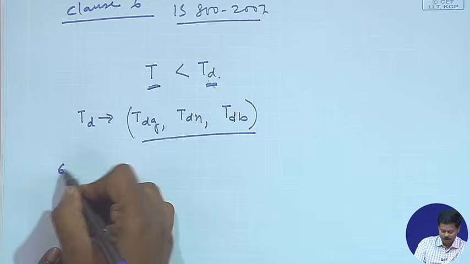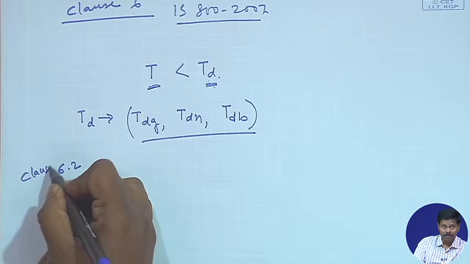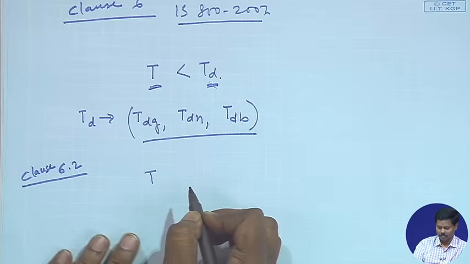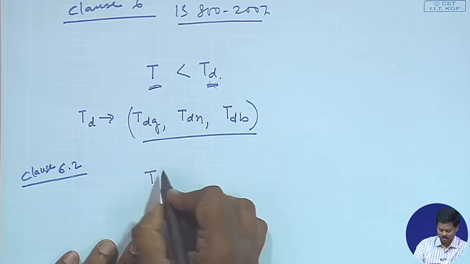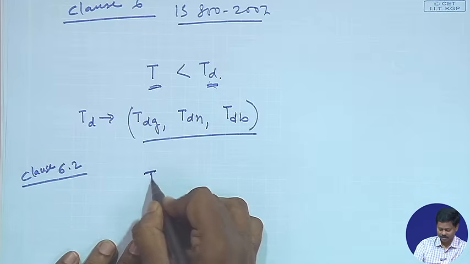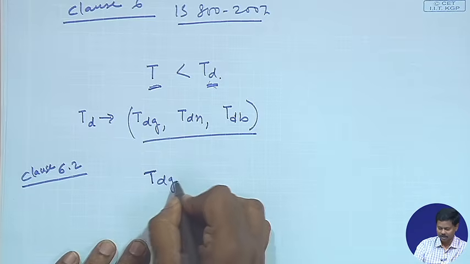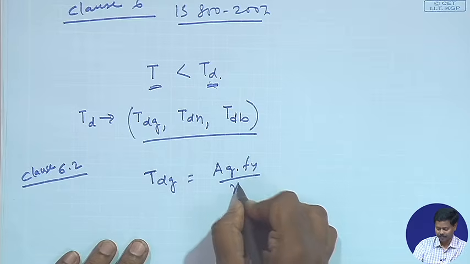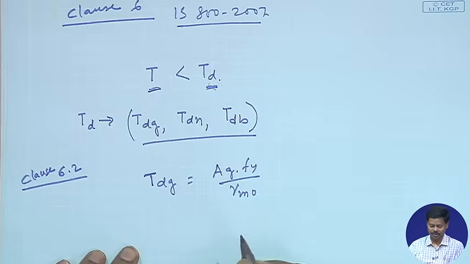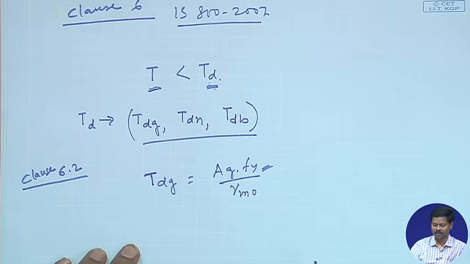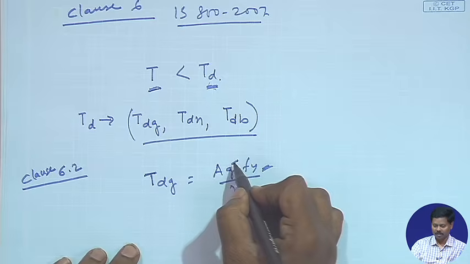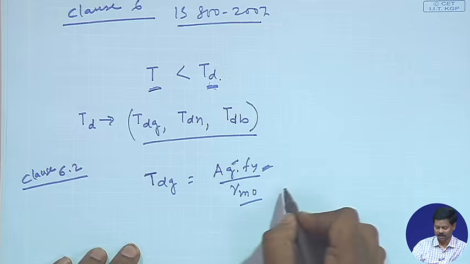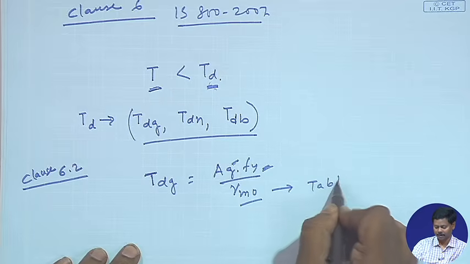Coming to clause 6.2, the design strength due to gross yielding, TDG, can be calculated as Ag into Fy by gamma m0, where Fy is the yield stress of the material, Ag is the gross area of the cross section, and gamma m0 is the partial safety factor, which we can find from Table 5 of the IS code.